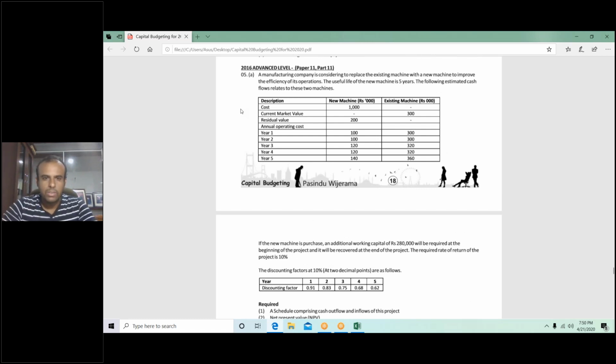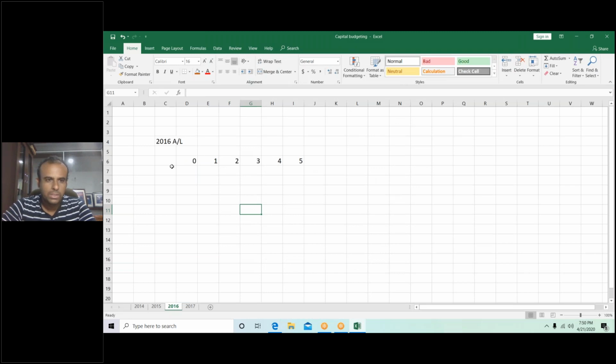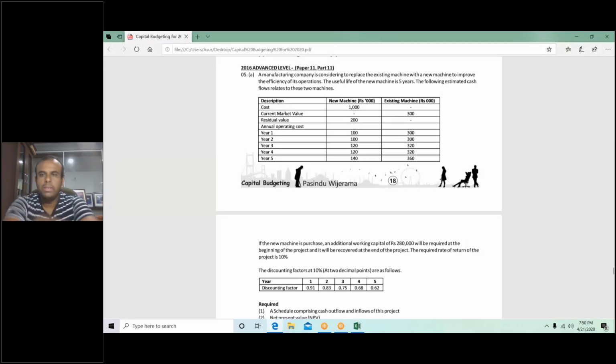For that, we are using this particular answer format. Could you tell me, in year 0, what are the cash flows that will be generated? This is 2016 question number 5. If you buy the new machine, definitely you will have to pay 1 million in cash.